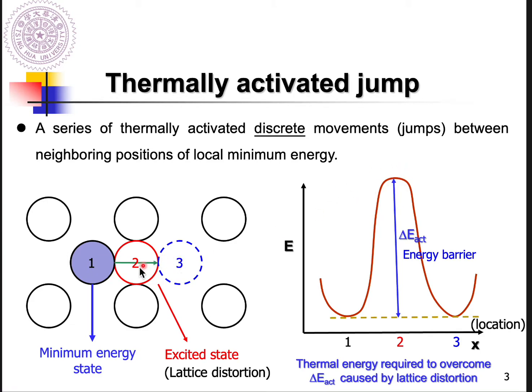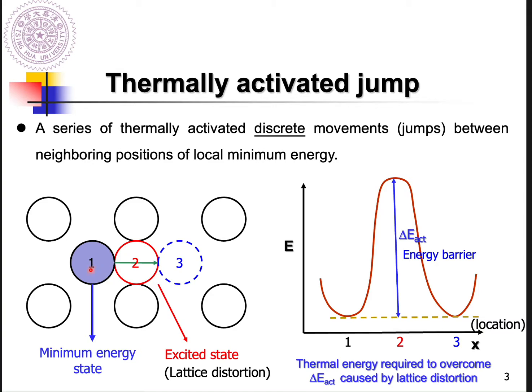Because from location 2 to location 3 is a spontaneous process, right? This jump can decrease the total free energy of the system, so it is a spontaneous process.